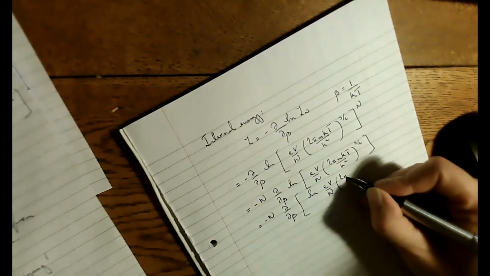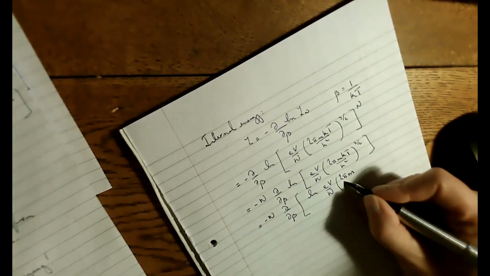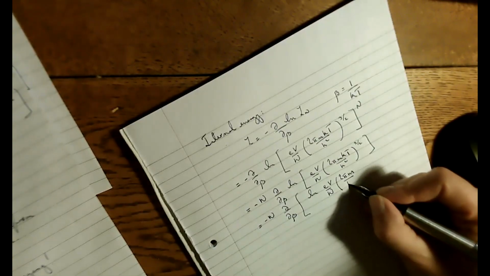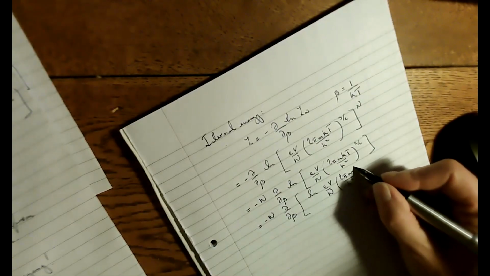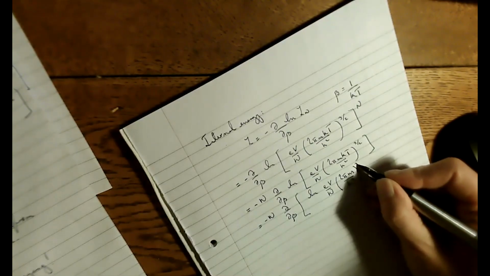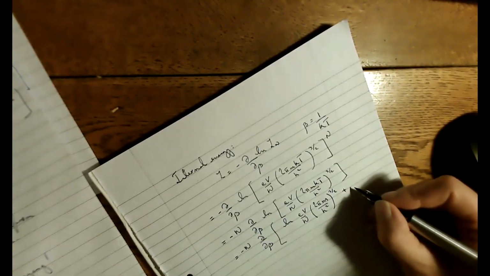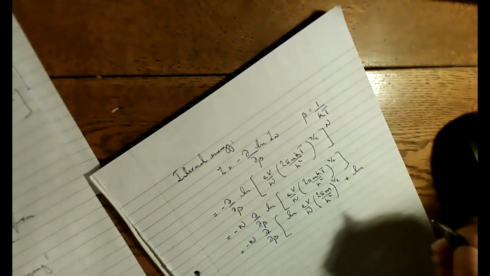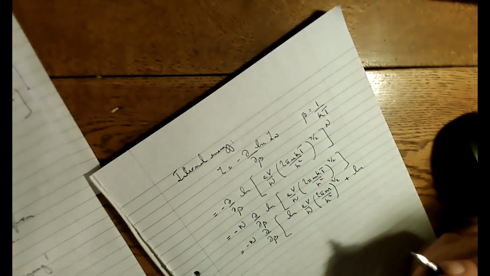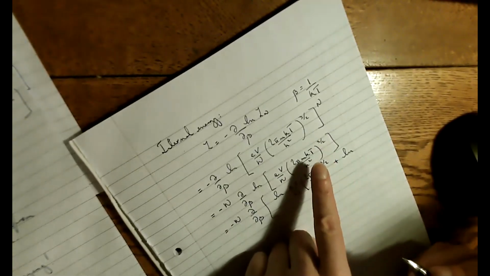So we've got a 2 pi m over h squared to the 3 over 2, and then plus ln, and beta is 1 over kT.